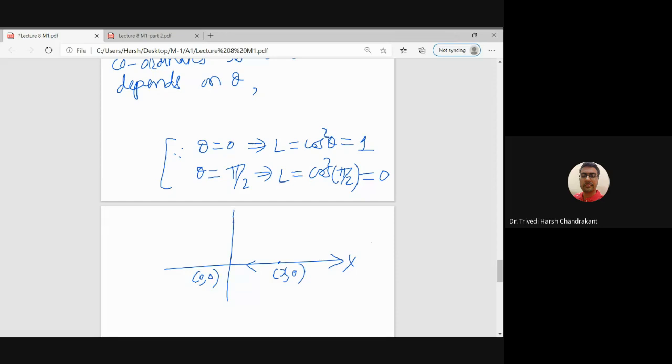So now the angle is π/2. So where should be our point (x,y)? Our point makes a π/2 angle with the x-axis. So that means our point is here, right? Point (x,y) is on the y-axis. So therefore its first coordinate will be 0.